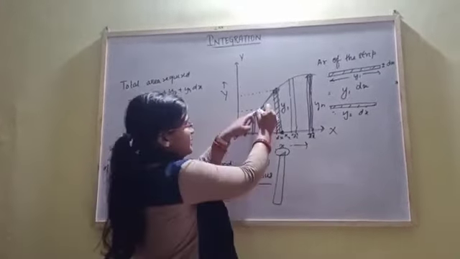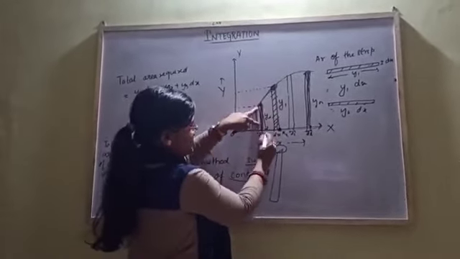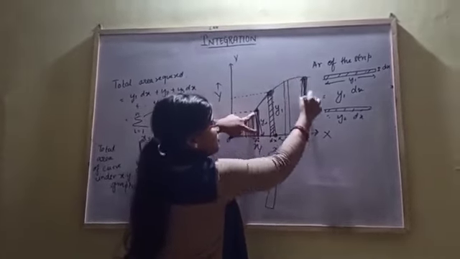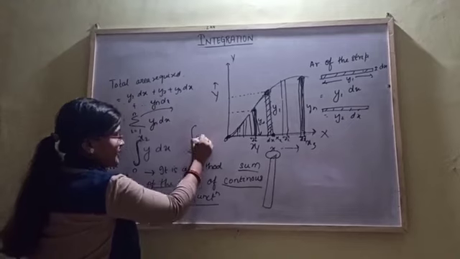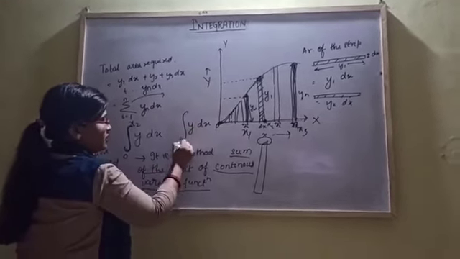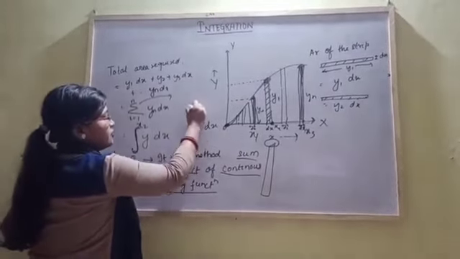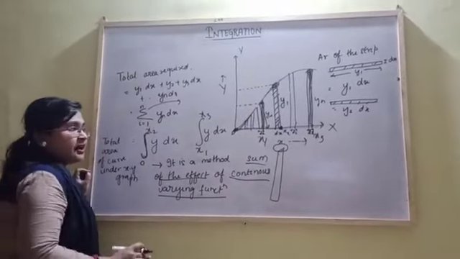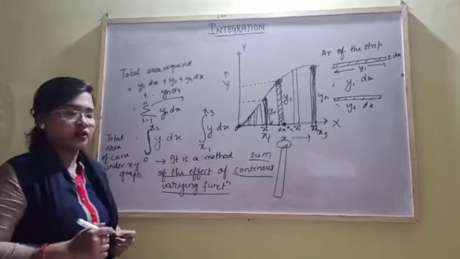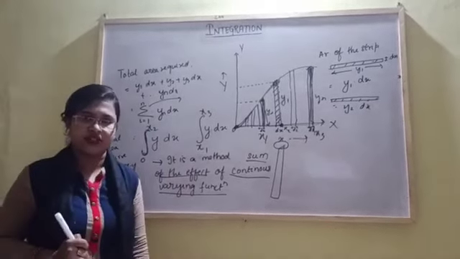If I wish to find the area from x1 to x3, I could write it as integral of y dx from x1 to x3. By giving proper limits, we can find the area and the total effect of the continuous varying function.